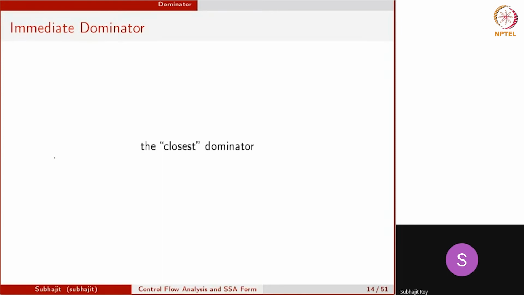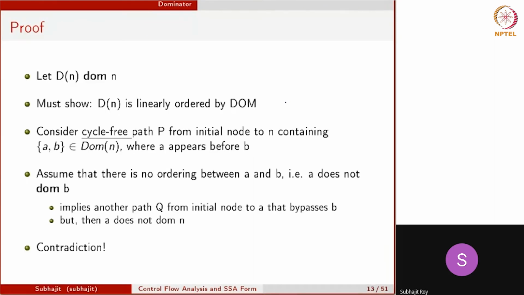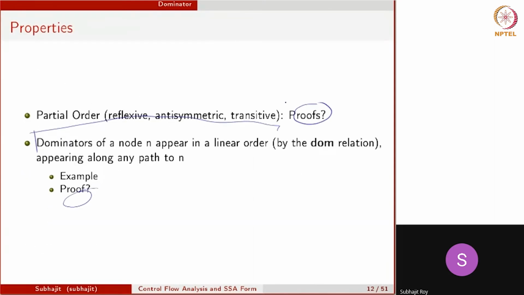Now there is this definition called the immediate dominator. So what does this statement even mean? Let us try to understand this statement. The dominators of a node N appear in a linear order.